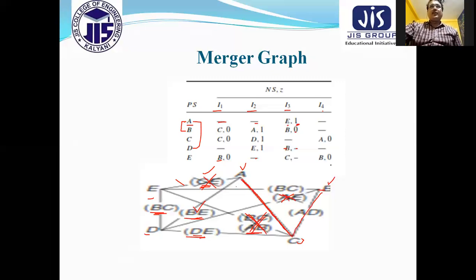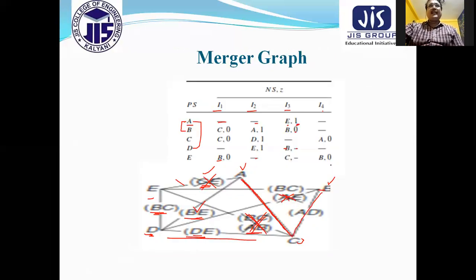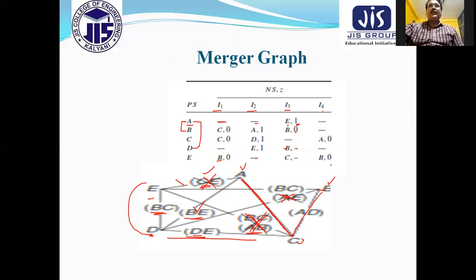Now after B is over, we can go for C. CD is there, so we write CD. After that, D and E are compatible also, so you have to write D and E. And at the end, we can get A and D here, which are also compatible.